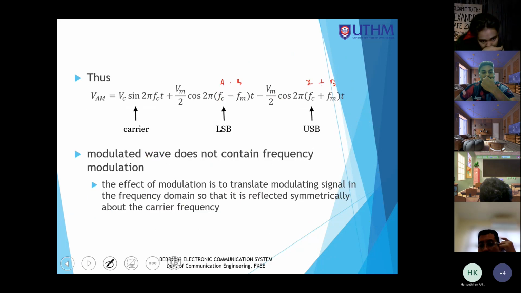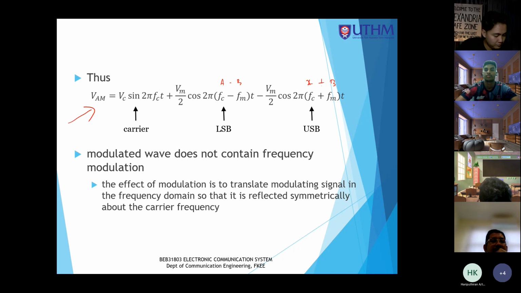Dan kalau you lihat di sini, kita akan hasilkan persamaan akhir AM seperti ini selepas kita kembangkan. So we have VC sin 2 pi FCT plus VM over 2 cos 2 pi (FC minus FM)T minus VM over 2 cos 2 pi (FC plus FM)T.